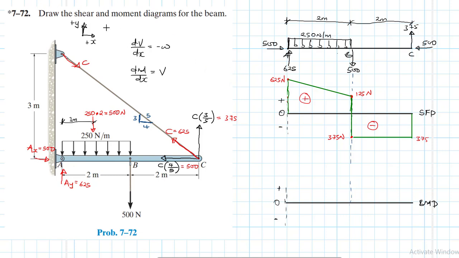We know that when you look at the shear, the shear is positive and is reducing from 625 to 125. So shear is positive and it is decreasing. Therefore the slope for the moment is going to be positive, but it will be decreasing.